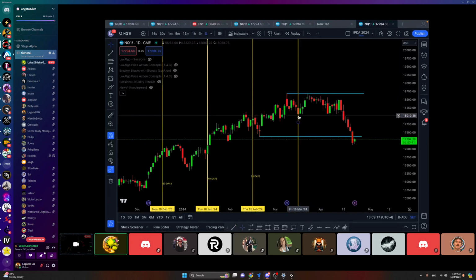And I'm not looking at this low while people think, oh, we have an order block here, an order block right there, an order block right here, we have an FVG, it's going to respect. No, it's not. It's going to go right through it. It's going to go to these levels. This low is more important than any of these levels. And we're talking in hindsight, but while we are here, I'm not looking at those. I'm not looking at these equal lows. I'm looking at this low, right?